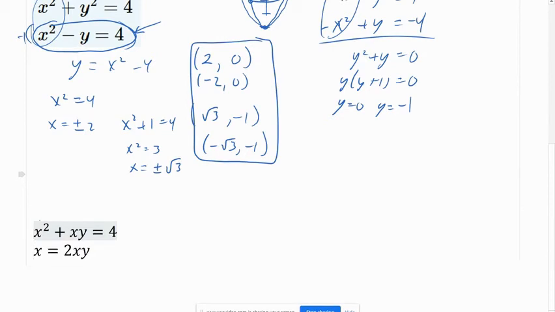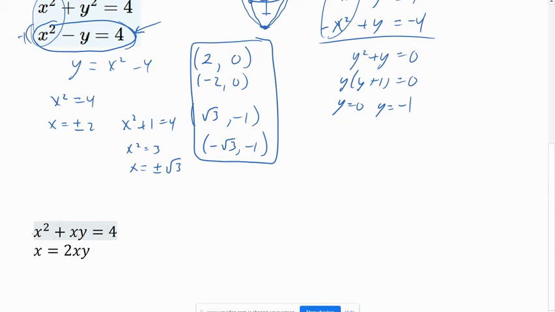Okay, in this last example, these are not curves that we really recognize. The second one could actually just be a line if I divide both sides by x.